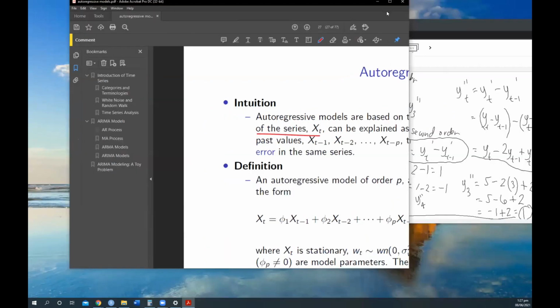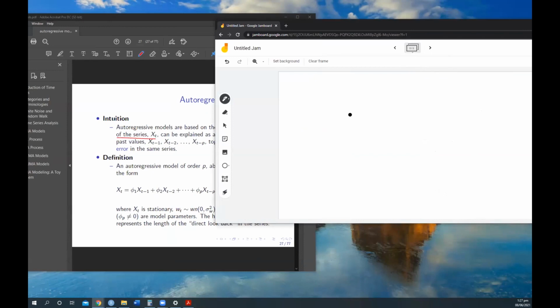So if you have this time series x1, x2, and so on, it means that x sub t can be explained by x sub t minus 1, t minus 2, up to x sub t minus p.